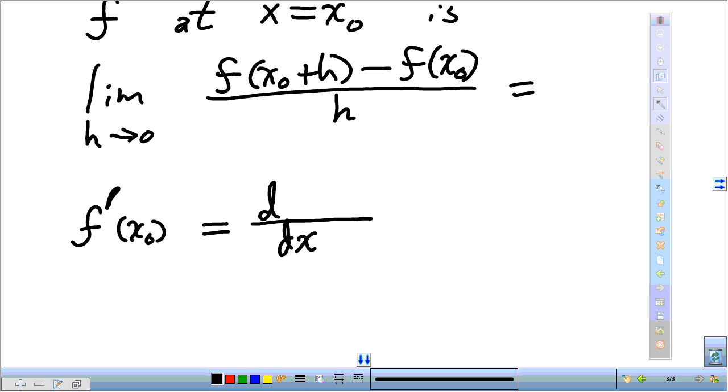So that notation, if we change the deltas to d's, represents the derivative of f. And so again, we get the derivative of f at x0. So two basic notations we might use.